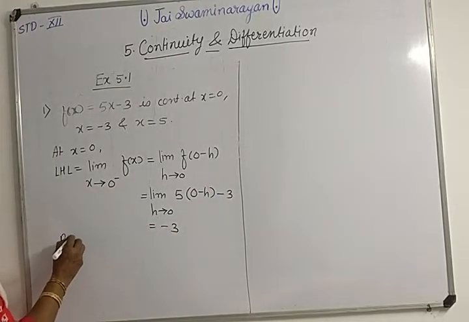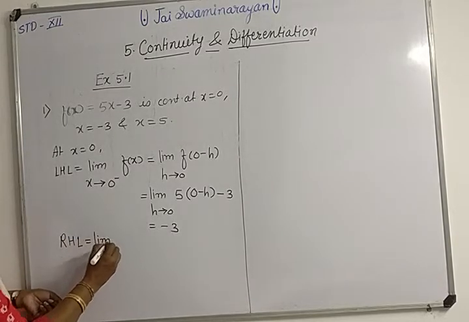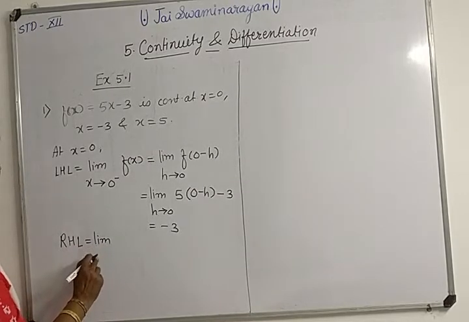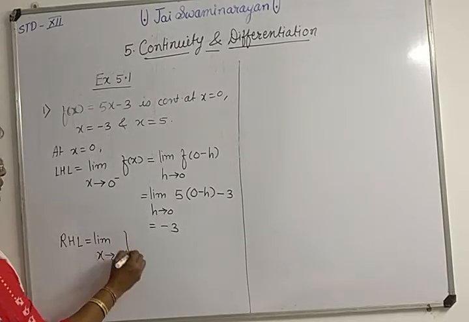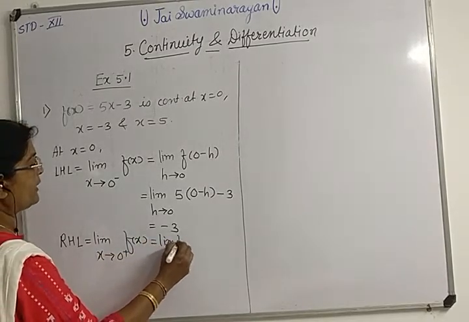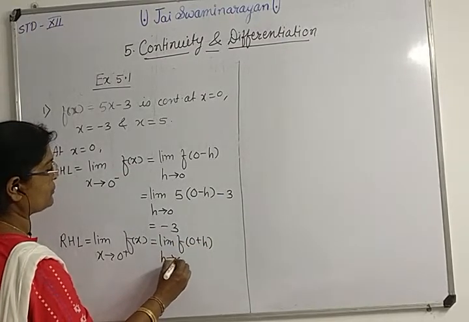Now RHL, right hand limit, equal to limit as x tends to 0 positive of f of x, equal to limit of f of 0 plus h as h tends to 0.